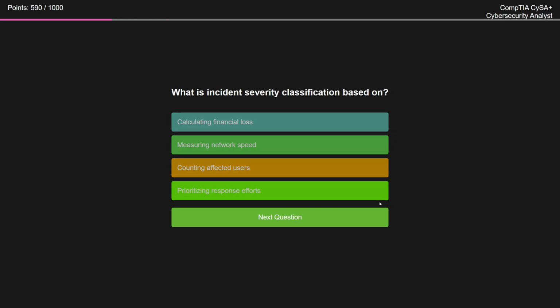Because with incident severity, you want to go by the most severity. Something that's low complexity, something that anybody could go exploit, you're going to want to say that's a critical vulnerability. You want to prioritize that first, right?